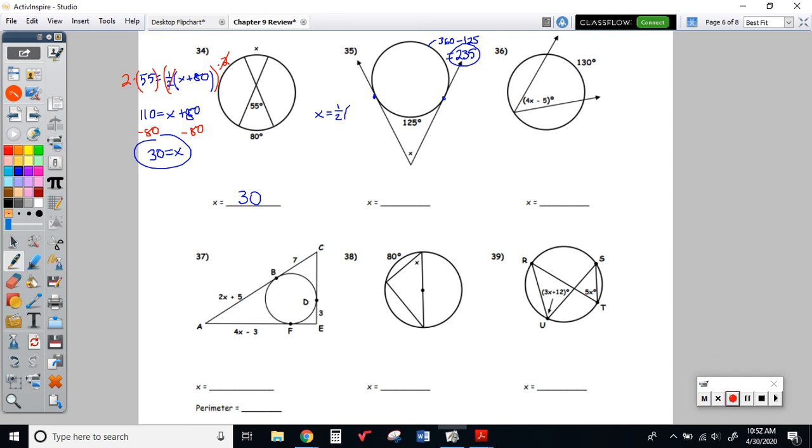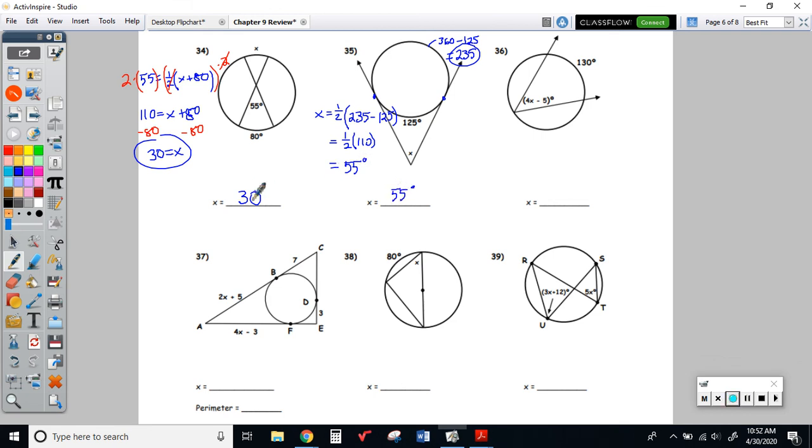So we've got 1/2 of 235 minus 125. When they're intersecting on the outside of the circle, we subtract instead of adding. So it's 1/2 of the big arc minus a small arc. That'd be 1/2 of 110, which would end up being 55 on that one. So we have 55 degrees for the value of x in that problem.